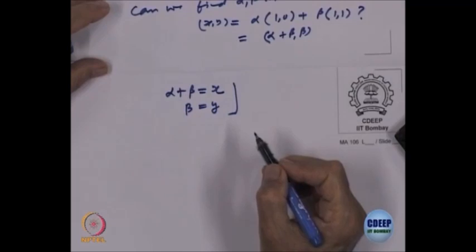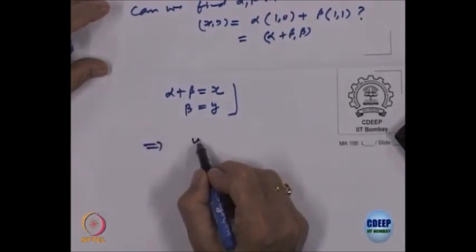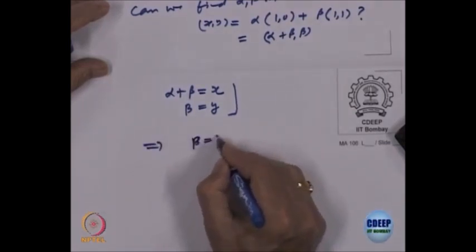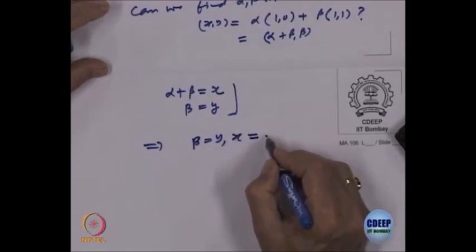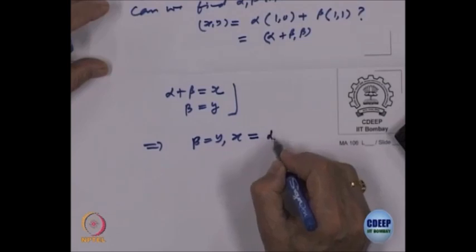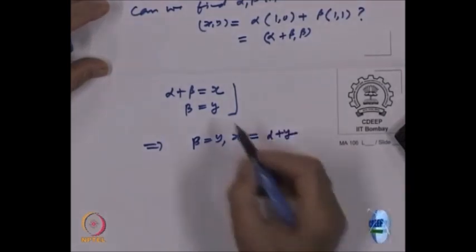What is given to you? x and y are given; that is the vector given to me. I want to find alpha, beta. So beta is equal to y. Then x is equal to alpha plus y, putting back into the equation.